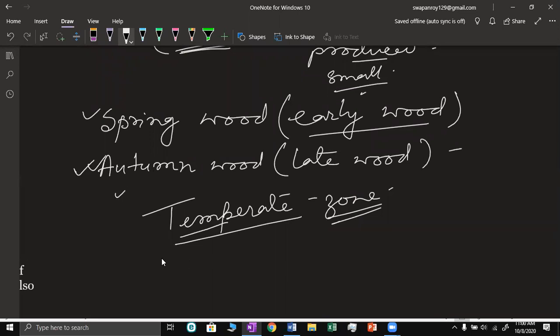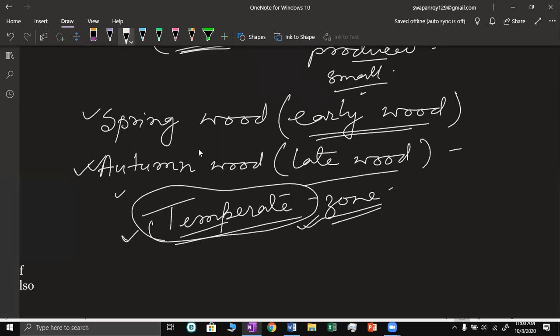But in the tropical areas where the temperature is almost always high, there is no fluctuation in the secondary growth. So in the temperate region, we get early wood and late wood, or spring wood and autumn wood.